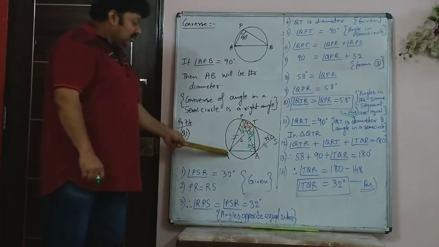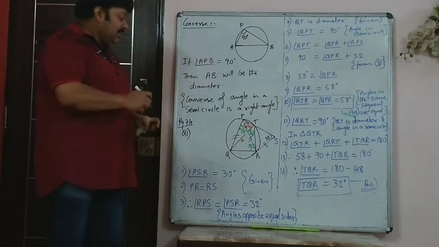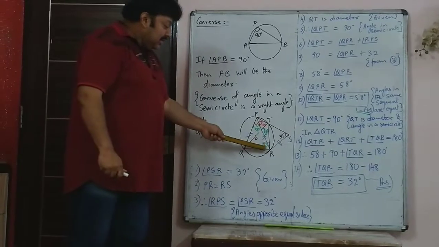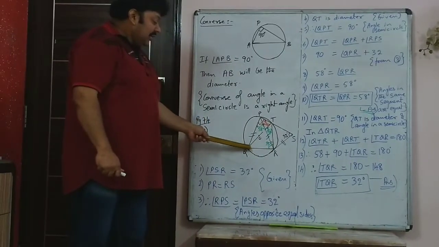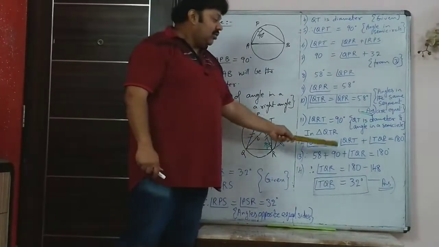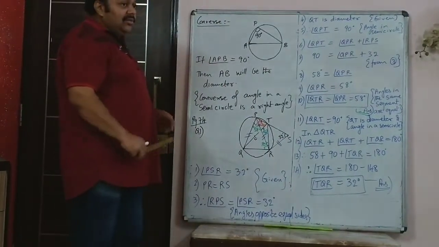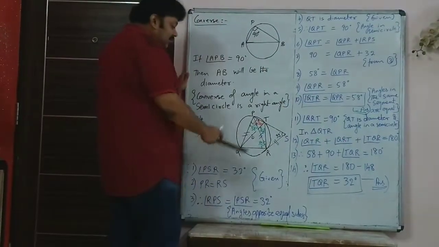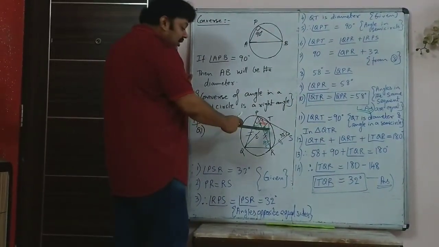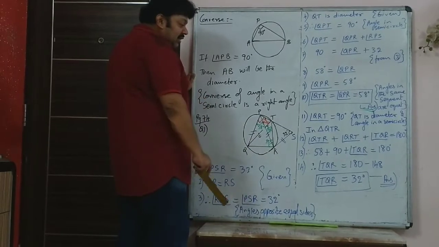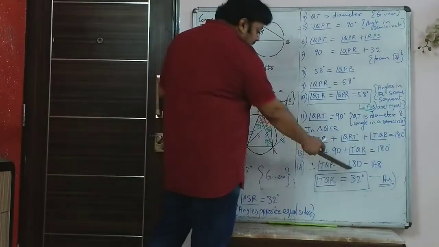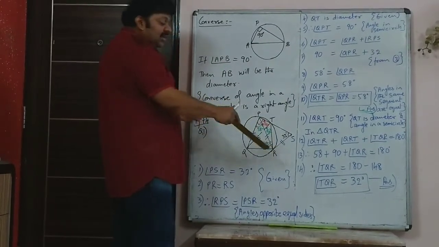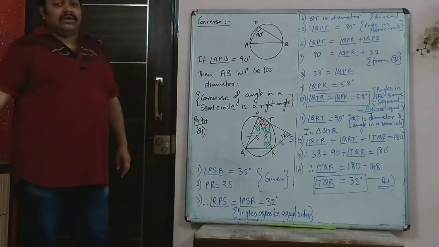So now you have one angle 58, another angle 90. So you can find the third angle of the same triangle QTR by using angle sum property in a triangle. All angles add up to 180 degree. From that you will get PQR is 180 minus 90 minus 58. So it is 32 degree. Angle TQR, which is the final answer which you require, is 32 degree.